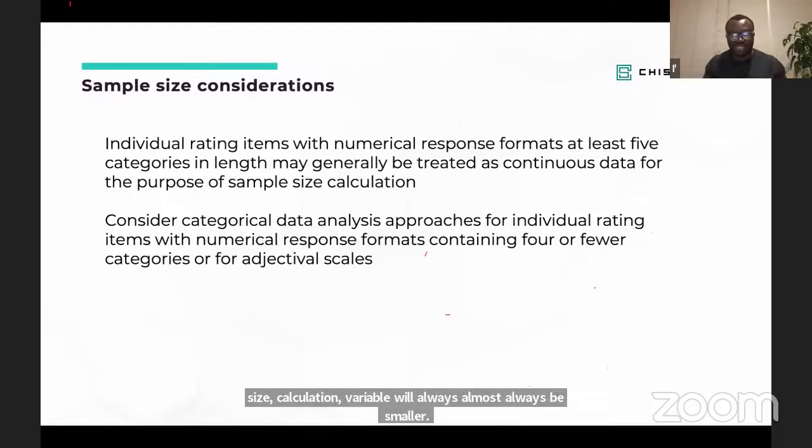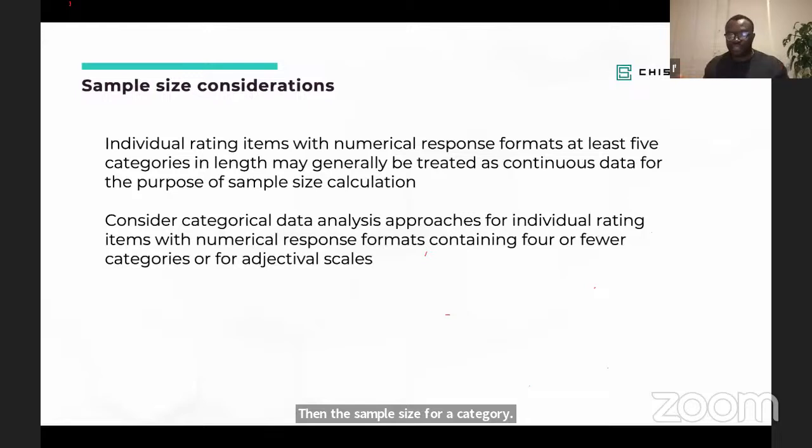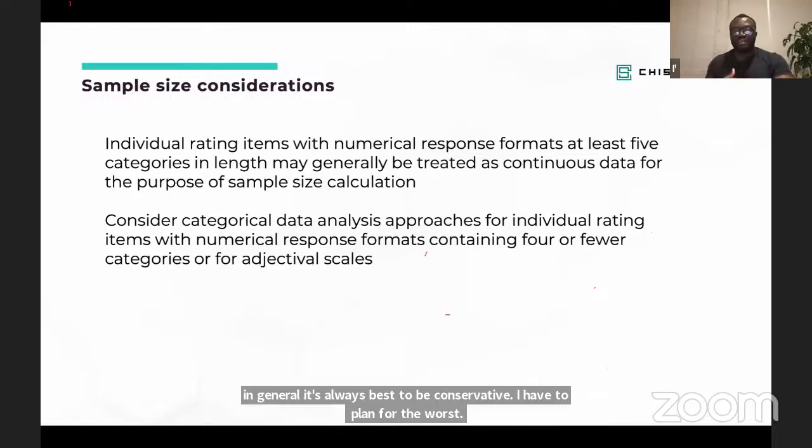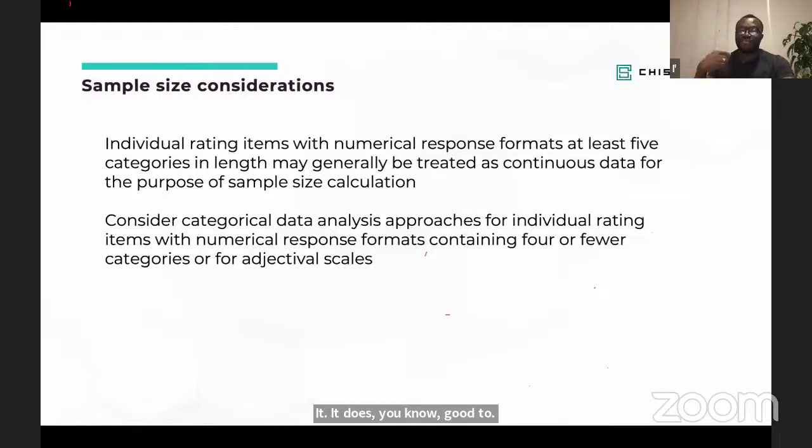So in general, it's always best to be conservative and to plan for the worst. It does you no good to always plan for the best case scenario. You want to always plan for the worst case scenario. So even if you're going to use an ordinal regression model, and you want to plan for the worst case scenario, well, you can consider that variable to be categorical for the purpose of sample size calculation.